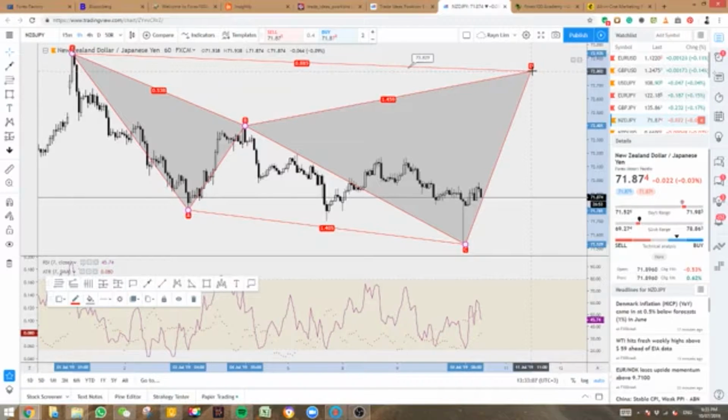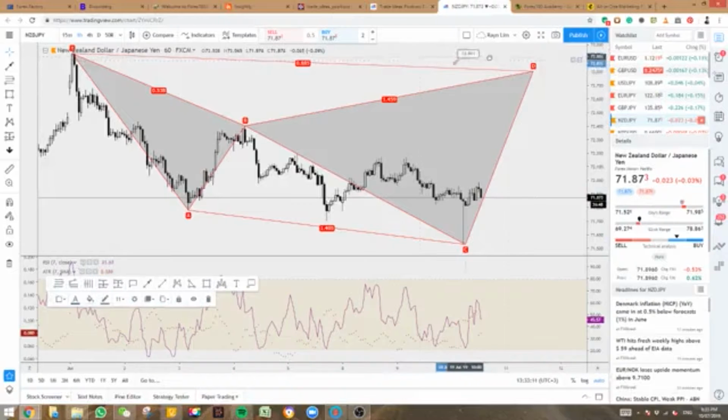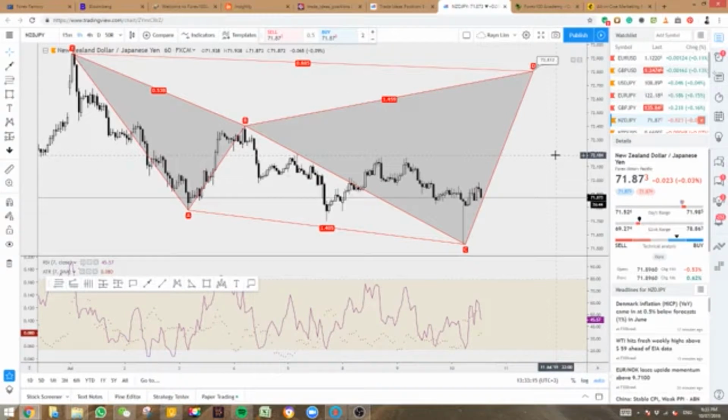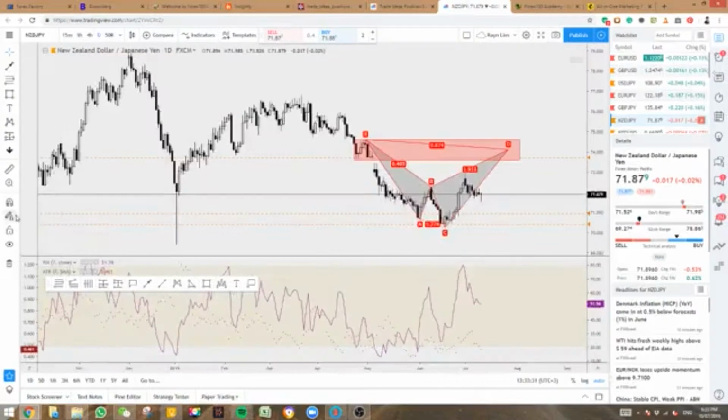So it should be somewhere around this price that I'm looking for a selling opportunity. When it comes closer, I'll update my subscribers. Still looking for a selling opportunity, still valid. Check your data, do your own analysis if you know how to do the harmonic shark pattern correctly. So that's New Zealand yen, very interesting pair.